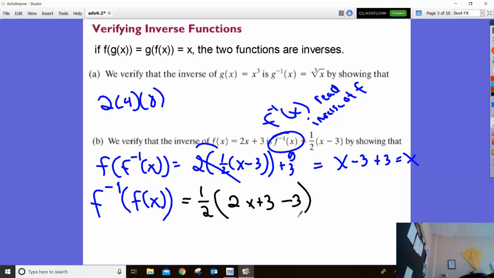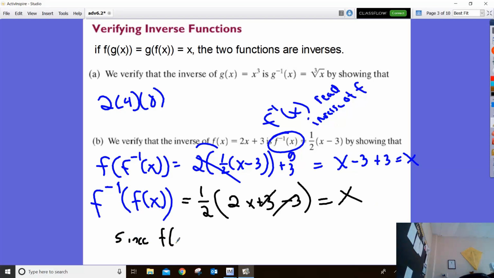You just follow order of operations. If there's a little math you can do in order of operations, you do it. PEMDAS, please excuse my dear Aunt Sally. Is there something you can do in those parentheses? Don't distribute the half before you do the easy stuff. What's half of 2x? X. Are they inverses? Yes.